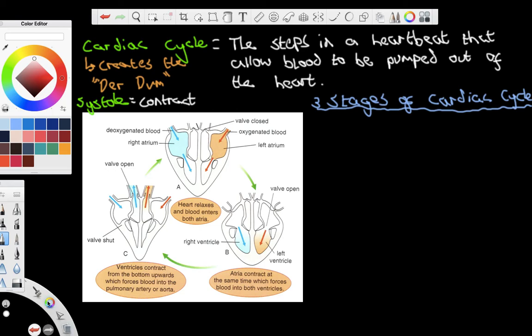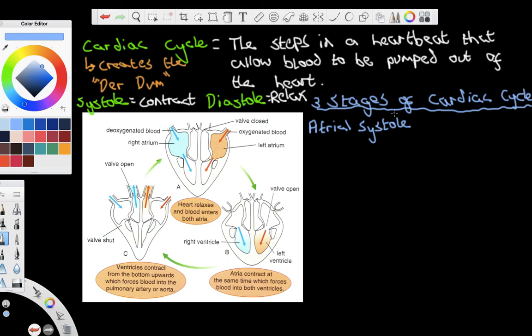Whereas the word diastole is a posh word for relax. So systole means to contract, diastole means to relax. The first stage of the cardiac cycle is atrial systole.